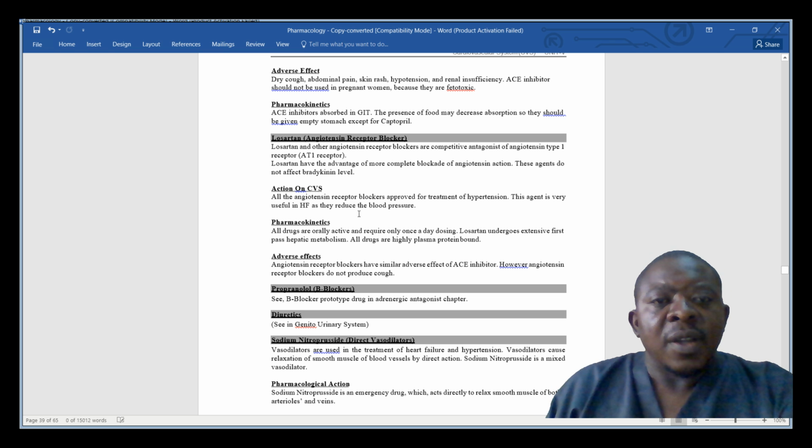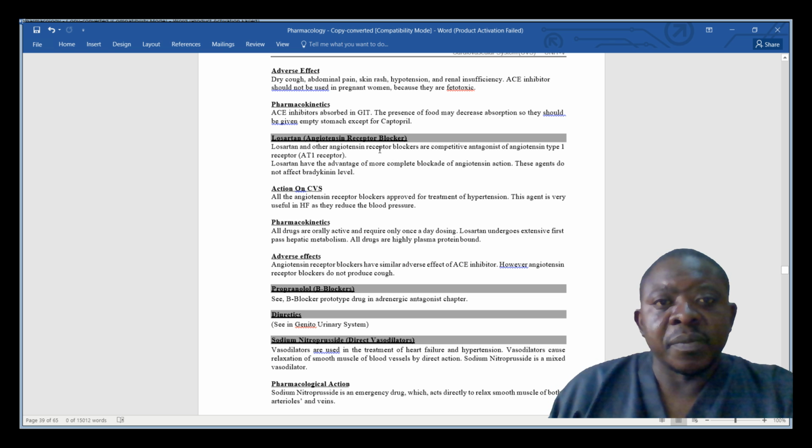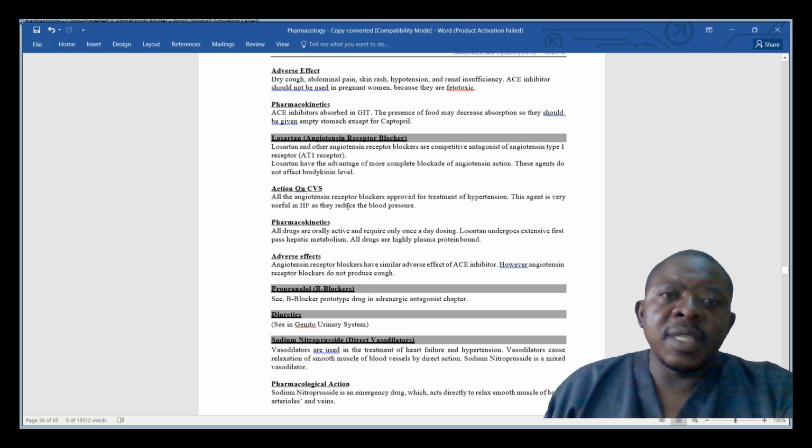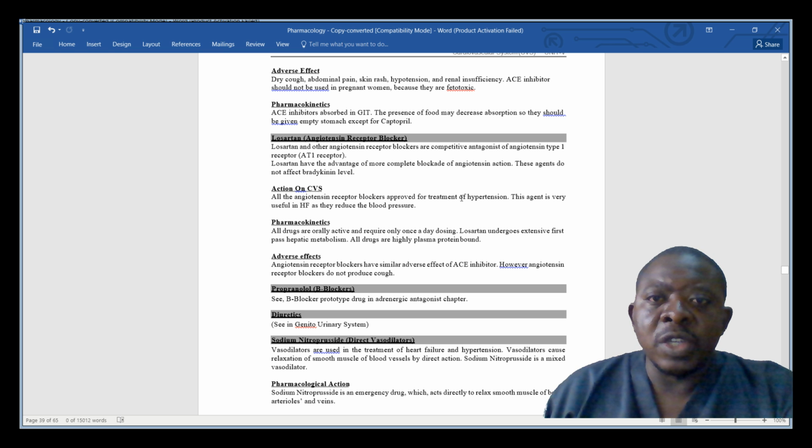Action on the cardiovascular system. All the angiotensin receptor blockers are approved for treatment of hypertension, and these agents are most useful in heart failure as they reduce the blood pressure.